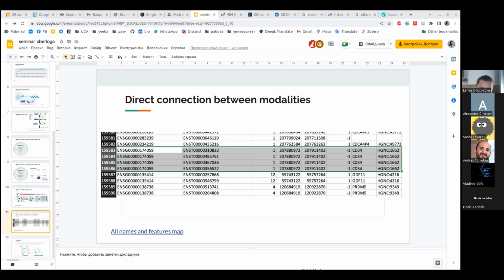Can you see this green line? Yes, I can. Yeah, this is the name of the gene, and that's how it will be named in RNA-seq data. This is the coordinates on the chromosomes. So if you are pointing to somewhere, I don't see it. No, I'm drawing with the annotate function and doing it with this green line.